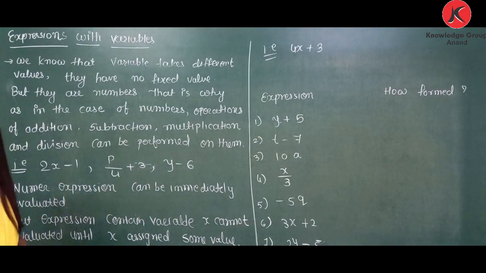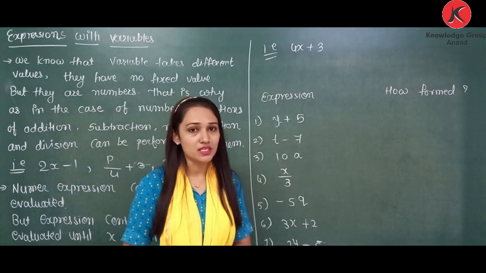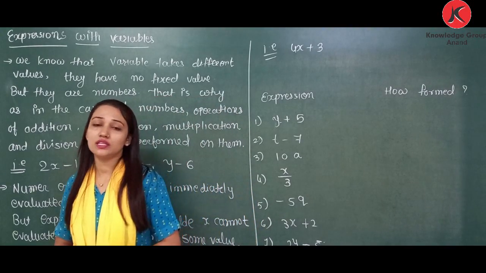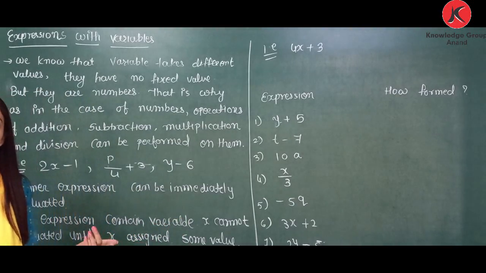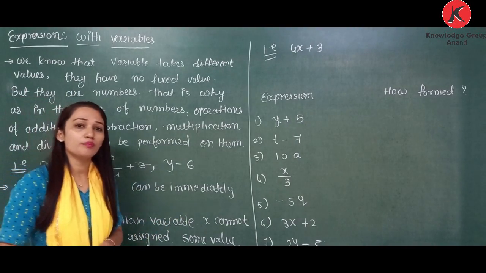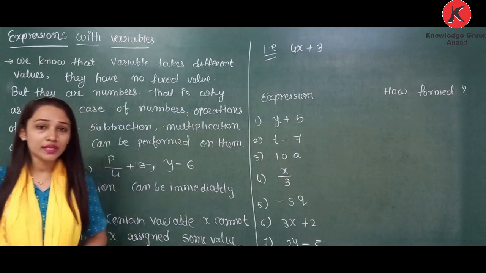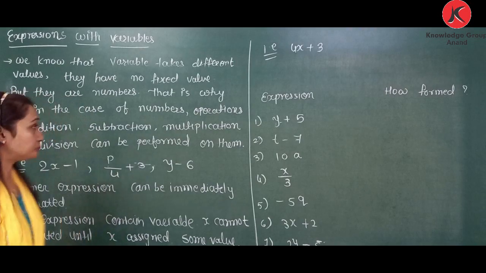For one example, s can be 4 cm and for another example, s can be 10 cm. It means it takes different values, but it is a numerical value. For the first example 4 is nothing but a number, and for the second example it is 10. It is also a number. So a variable takes different values, but it takes a numerical value.